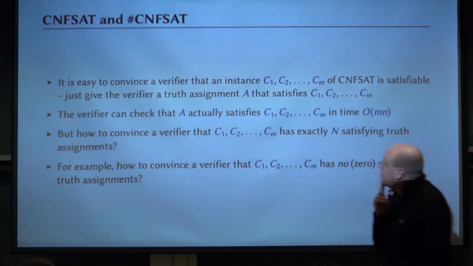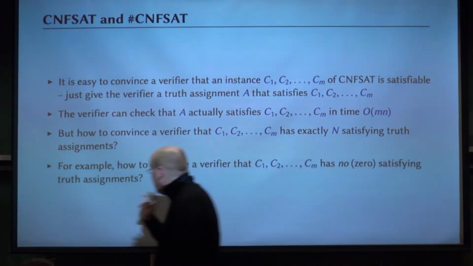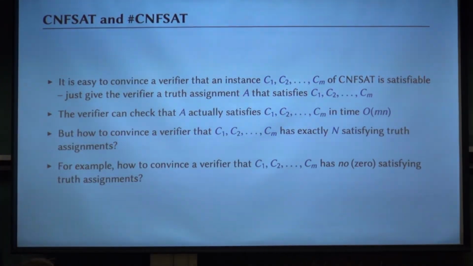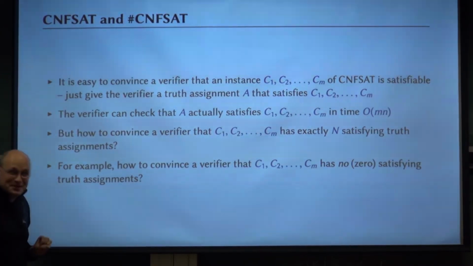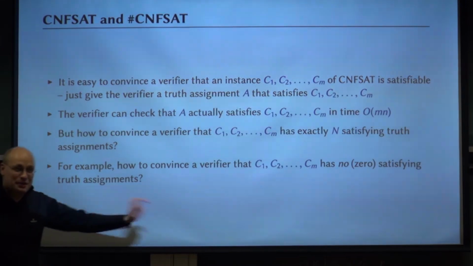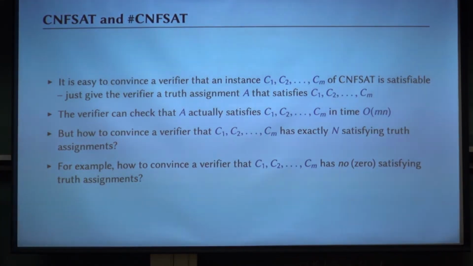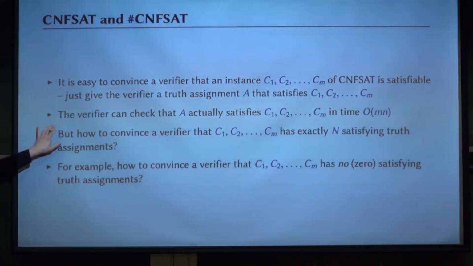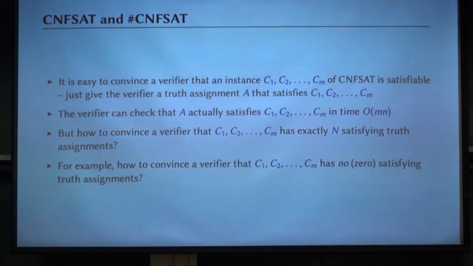But before that, let's just recall the basics of what we can prove easily and what is perhaps less easy. Of course, if we want to prove that the decision problem is satisfiable, then it's very easy to give the satisfying assignment, and that is your proof. It can be easily checked that every clause is satisfied by the assignment, and we are done. This follows essentially by the definition of the class NP.